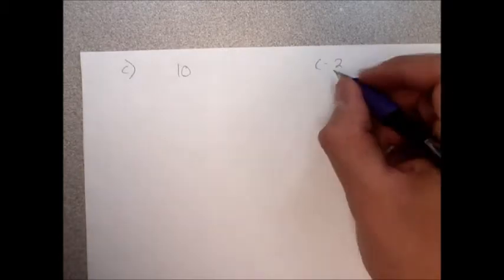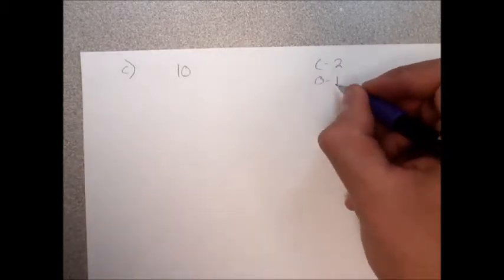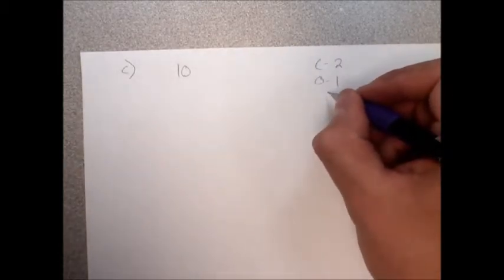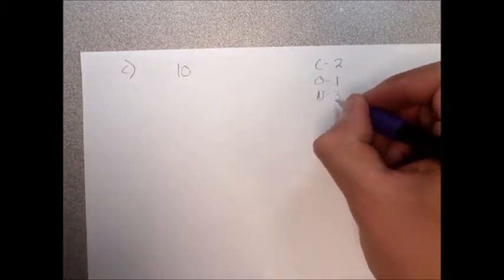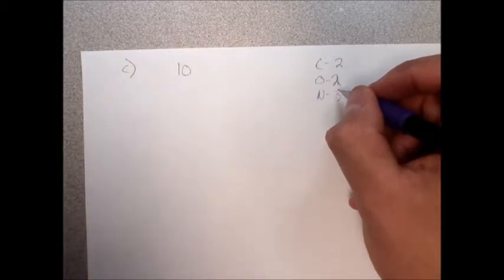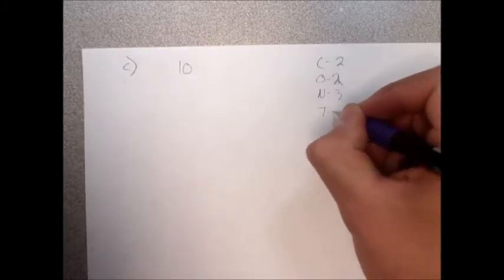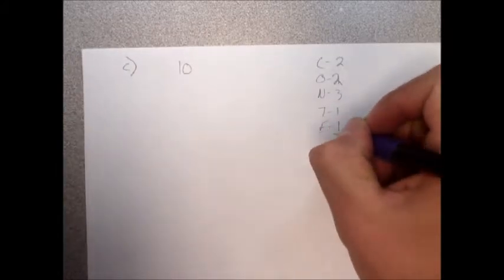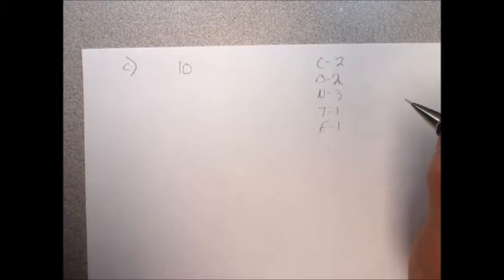C is repeated 2 times, O is in there twice, N is 3 times. We have T in there just once. E was 1. Is there any other one I'm missing? I.